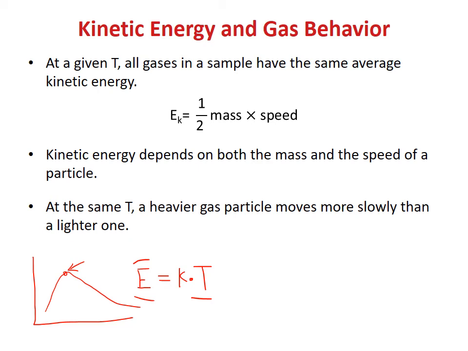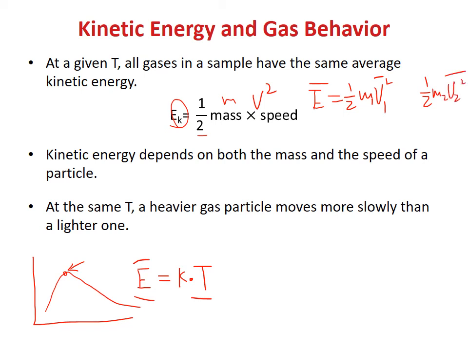In physics, we learned that kinetic energy is half m times v squared. If we compare two molecules, the average kinetic energy for 1 is half m1 v1 squared average, and for 2 it is half m2 v2 squared average.